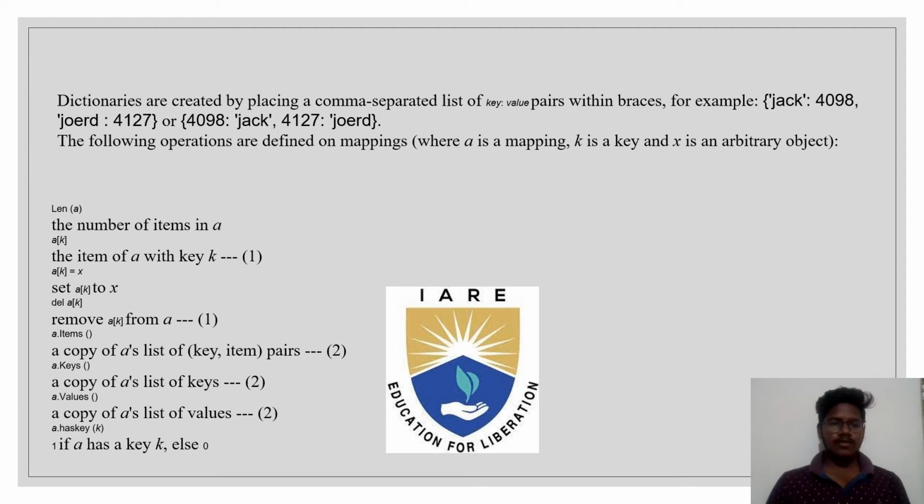A copy of A's list of keys. Then for that one we'll see A dot values. For the last one we will see a copy of A's list of values. If A has a key k, then else 0.